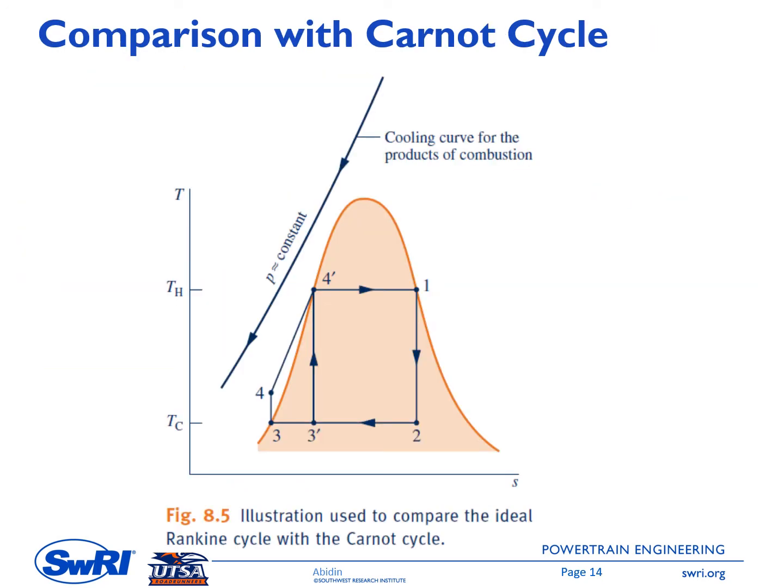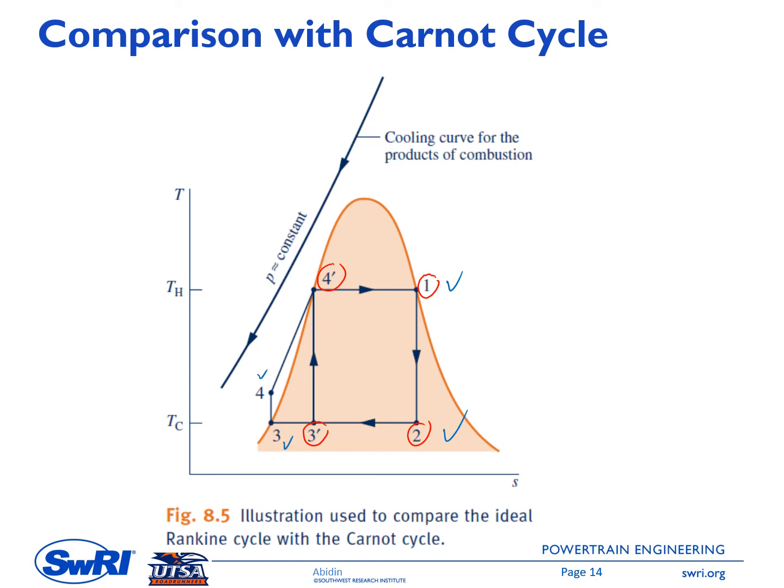This figure is also showing the comparison between the Carnot cycle and the ideal Rankine cycle. The Carnot cycle is represented by the process line of 1, 2, 3 prime and 4 prime, while the ideal Rankine cycle is represented by points 1, 2, 3, 4, and 1.